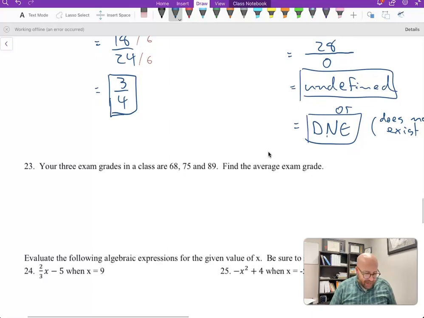Let's look at an application problem. Your 3 exam grades in a class are 68, 75, and 89. Find the average exam grade.